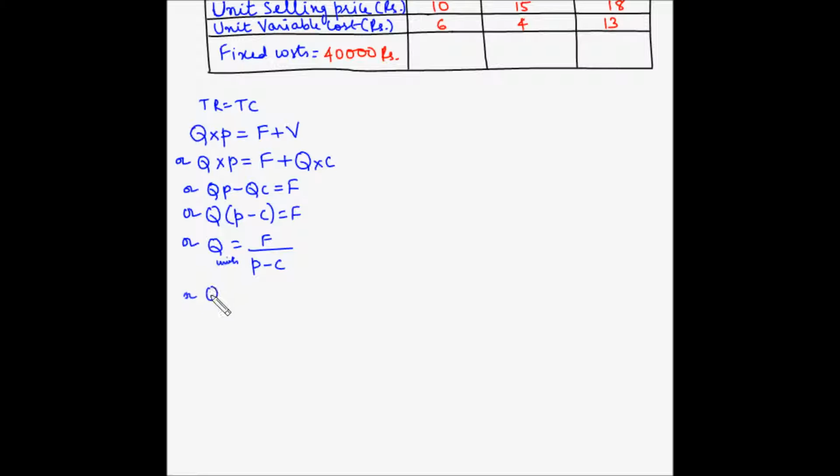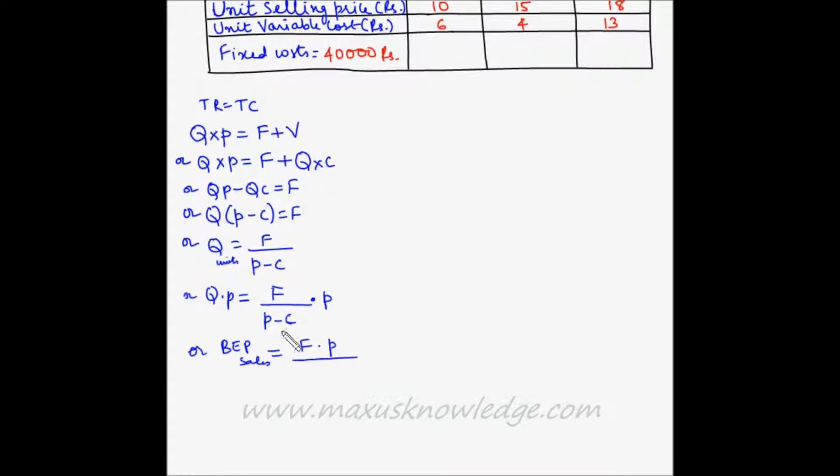So Q into P is equal to F divided by P minus C, multiplied by P, or the break-even point in terms of sales is equal to F into P, divided by P minus C, which is the unit selling price minus the unit variable cost.